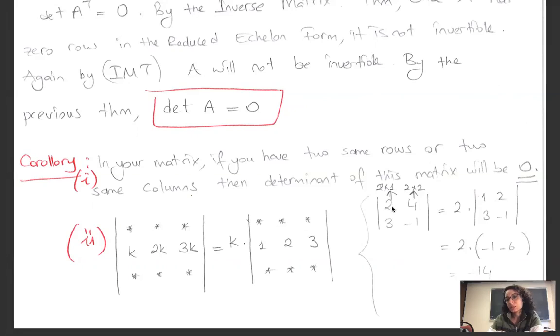For example, look at this first row. You have 2, 4. In other words, 2 is the common factor. You can take 2 out here. This will be 1, this will be 2, and you can pull this 2 outside, and this determinant will be equal to 2 times the determinant of this matrix. So these are the common facts that we need to use in determinants.